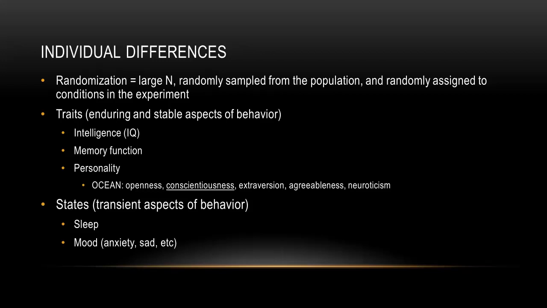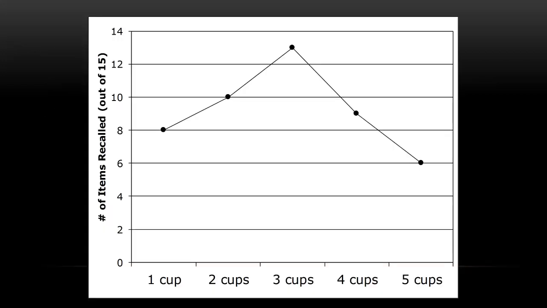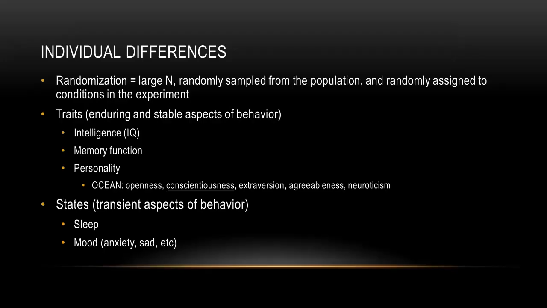And then what we're also going to do is ensure that we randomly assign our subjects to different groups. And so through true random assignment, we're going to ensure that whatever typical states and traits a particular subject has, it's not going to be the case that all of our highly intelligent, good memory functioning, good conscientiousness, or good mood people all end up in the 3-cup condition, right? And that's crucial.